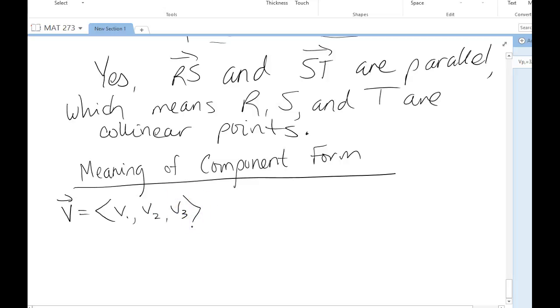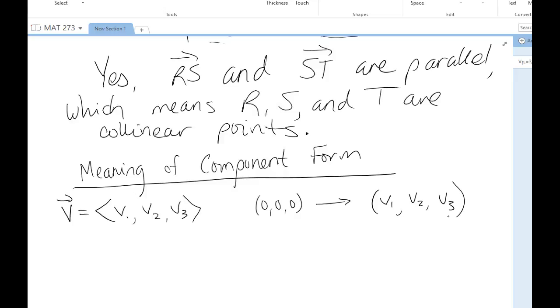So component form has a couple of different meanings. One of them we said is the vector that goes from 0, 0, 0 to v1, v2, v3. But if you look back at the formula on how we get component form, if you're given 2 points and you're asked to put it into component form, how would we get the x component if we were given 2 x coordinates? x2 minus x1.